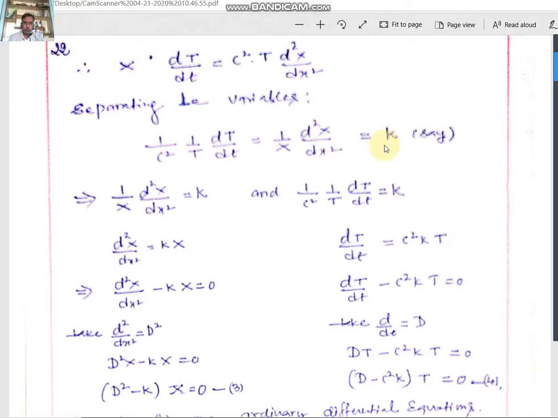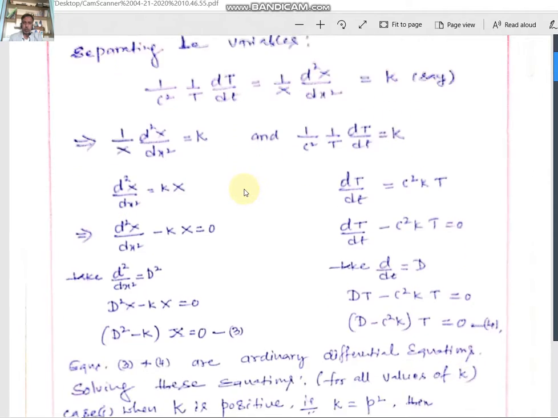So what we are doing here is separating the corresponding variables and derivatives, function of t and derivative of t, function of x and derivative of x, each equal to some constant k. Now we will separate this as 1 by X into d square X by dx square is equal to k, this is one equation, and 1 by c square 1 by T dT by dt is equal to k, another equation. Separately let us solve.